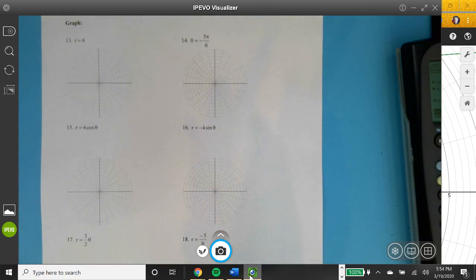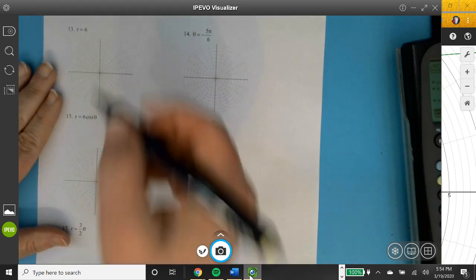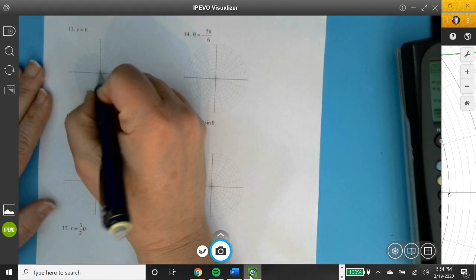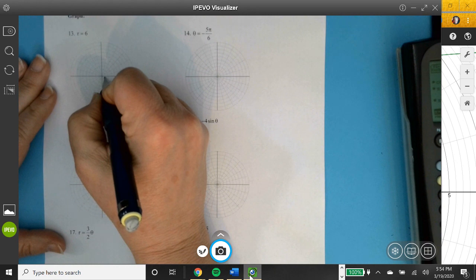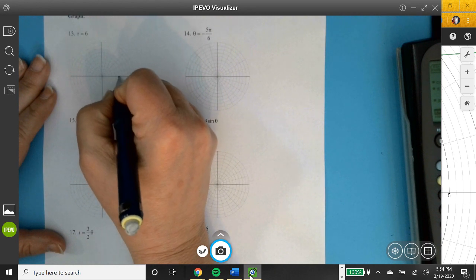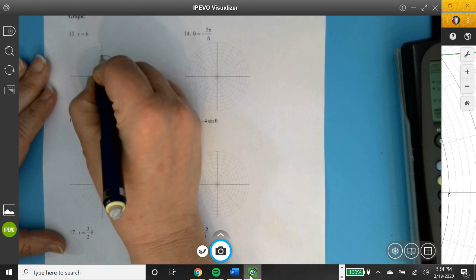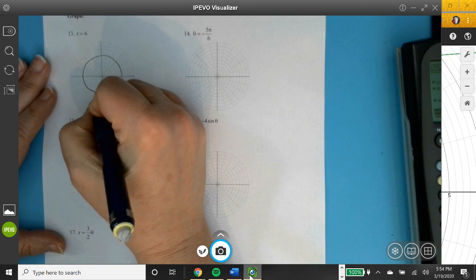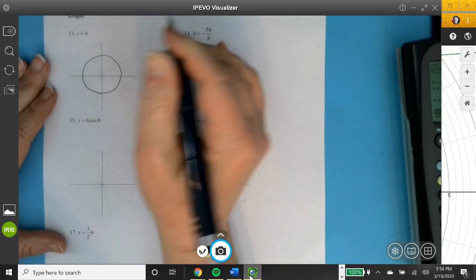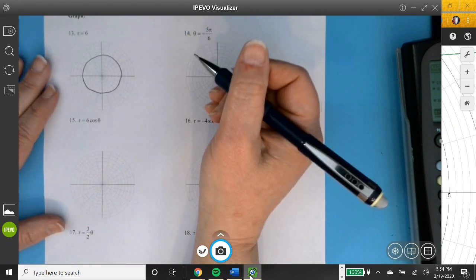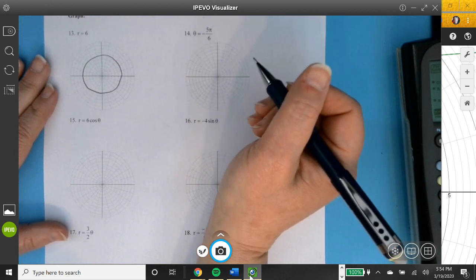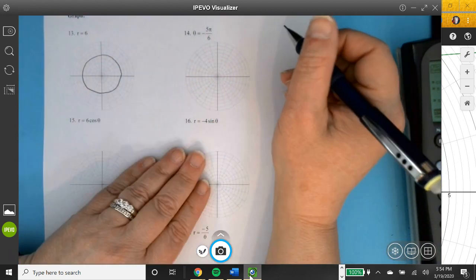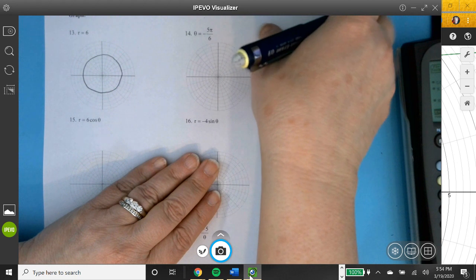You'll have to flip around for this one, but this is simply r equals 6. So r equals 6 is what? A circle with radius 6? 1, 2, 3, 4, 5, 6. So it's just going to be a nice circle with radius 6. Right? Very nice. And it's certainly not a one-petaled rose. But anyway, okay.